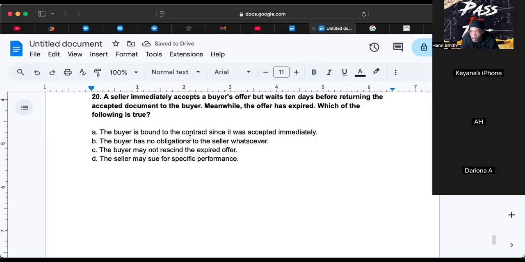And here's the thing: I don't put expiration dates in the offer. I just don't do it because I got a client out in California, they never respond. It takes 3 days for them to accept an offer.